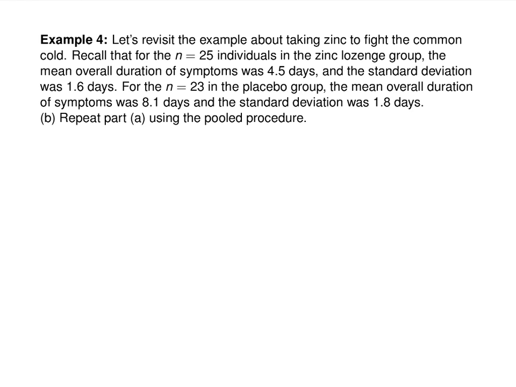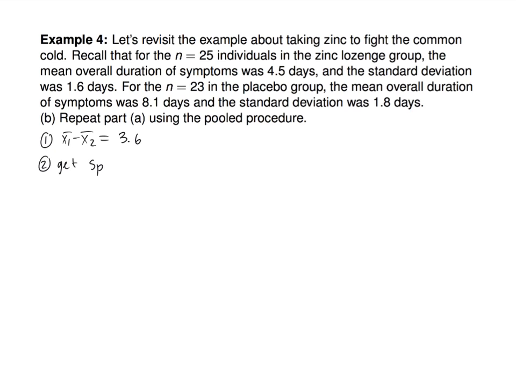I like when people give me hand signals. Okay, so repeat part A using the pooled procedure. Certain parts don't change. Does the mean change? No. So we still have x1 bar minus x2 bar equal to 3.6. What we have to do now is get this pooled standard deviation.